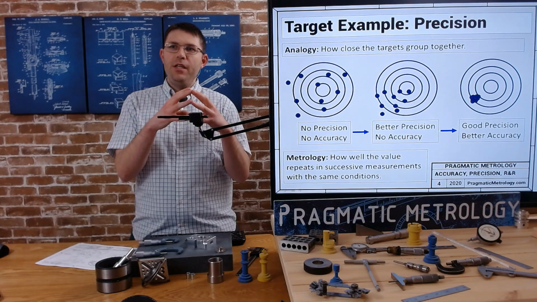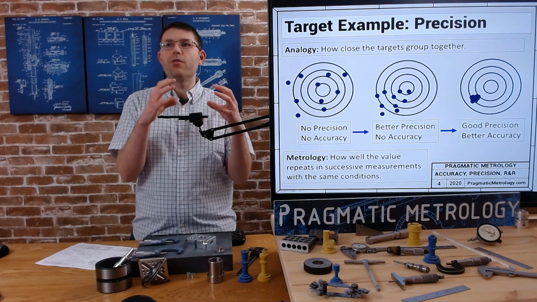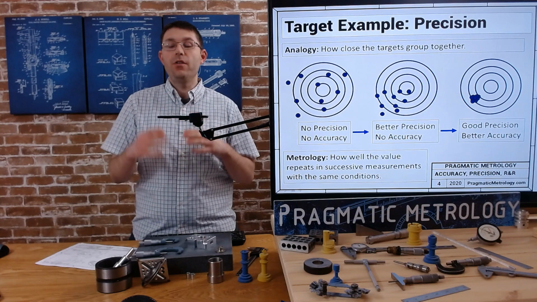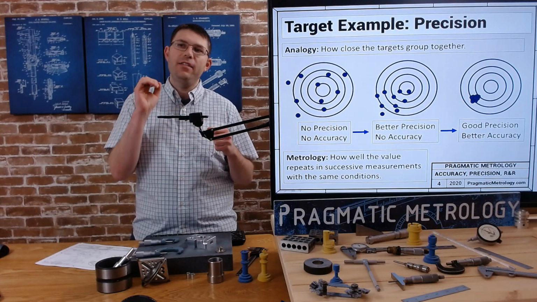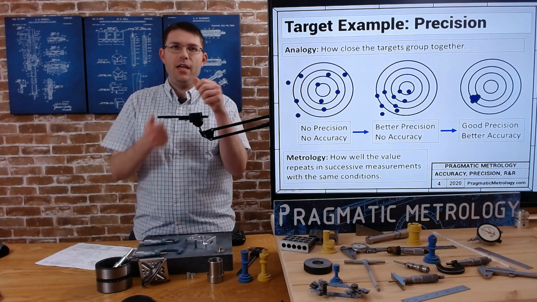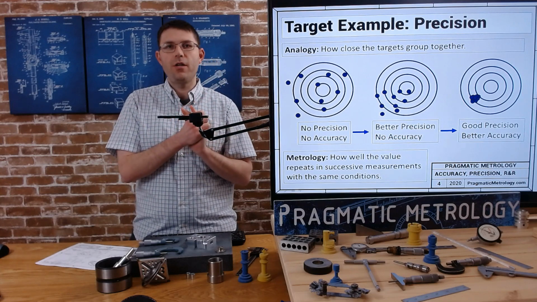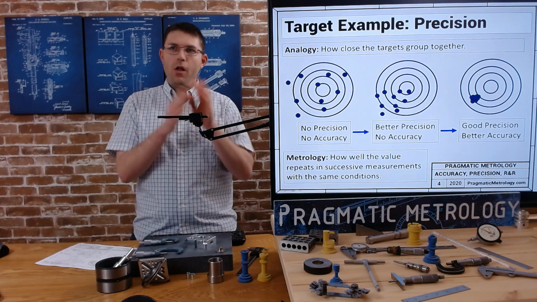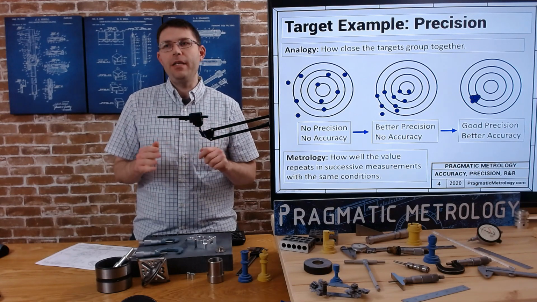Precision is going to be how well do the values repeat in successive measurements with the same conditions. So this isn't repeating. If I'm applying the same conditions, like if I built a robot to throw the dart at the same time or shoot the target at the same time, it's all over the place. It's not repeating.